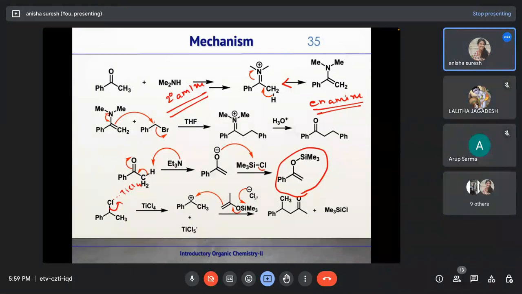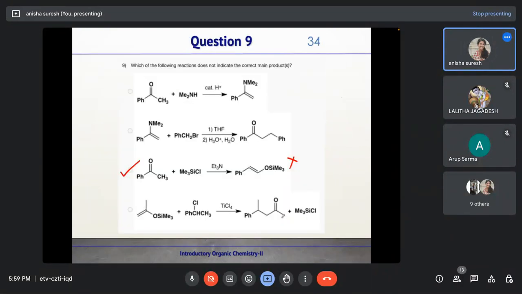Now Cl minus can abstract SiMe3, and this will lead to formation of an enolate. So this O minus will fall down, and this will go and attack the carbocation that is formed here, and it will give rise to this product plus Me3SiCl. So the option that is given here is the right option.